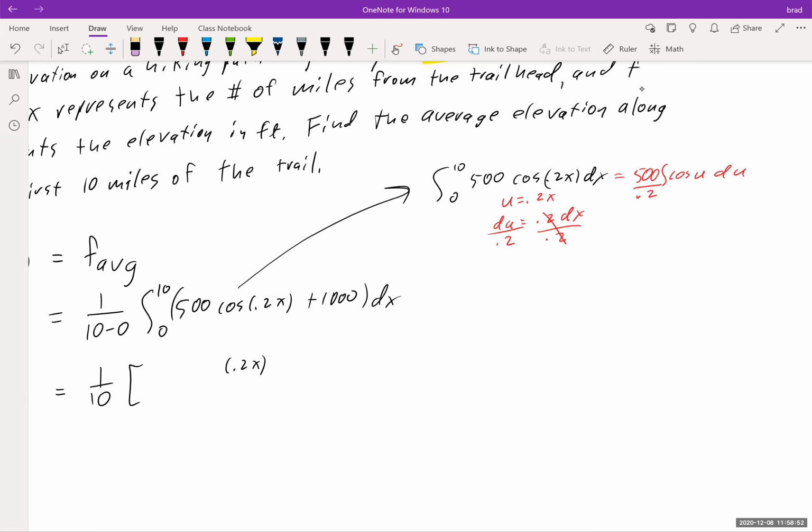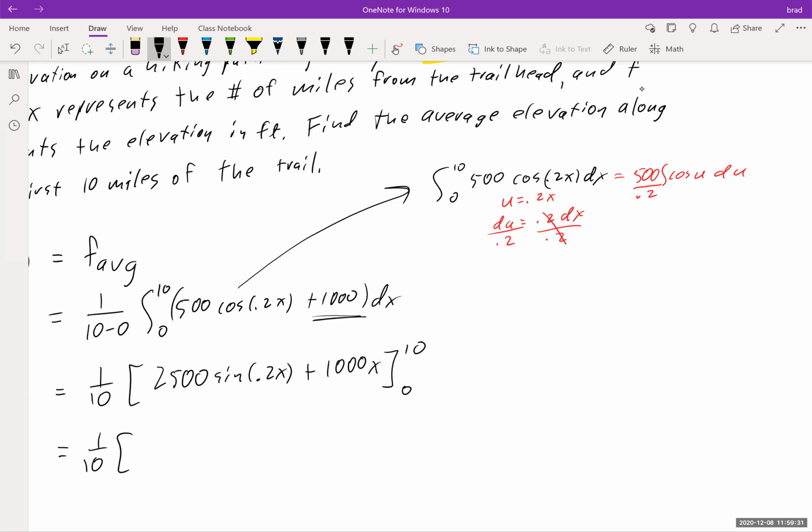So I'm going to put that in here. This is going to be 2,500 sine of 0.2x, plus, and we know that the integral of 1,000 is just 1,000x, and then this goes from 0 to 10. Now this will be 1 over 10.